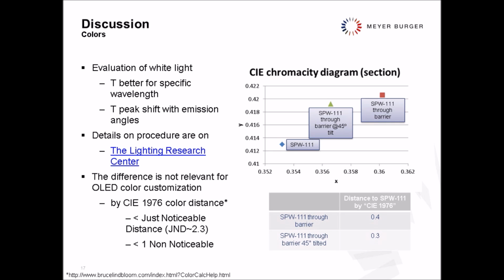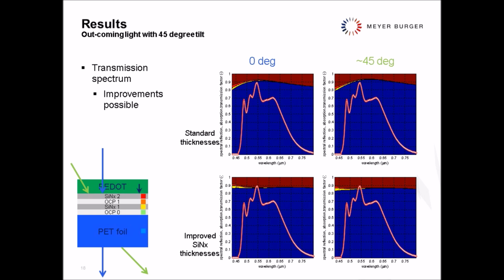However, to know if a human eye perceives these as relevant difference, we use the CIE 1976 color distance technique. These distances obtained and detailed in this table are below 1, therefore are declared, according to the standard, non-detectable by human eye.